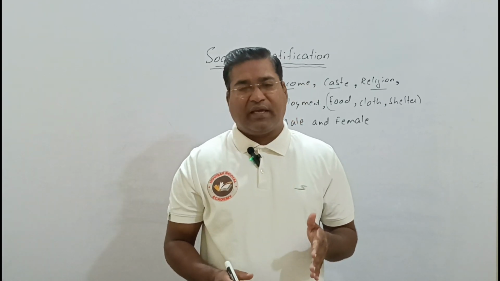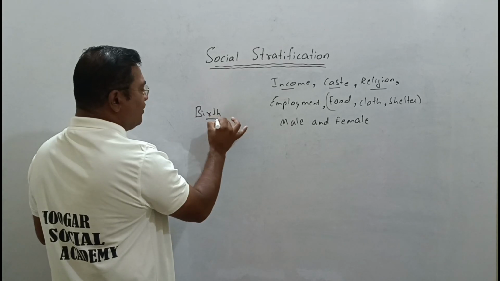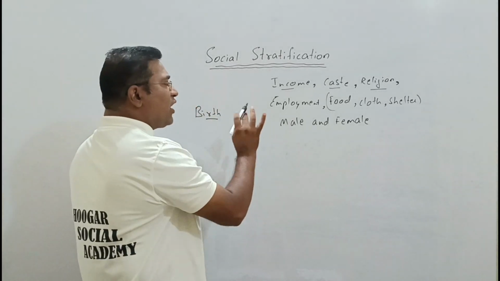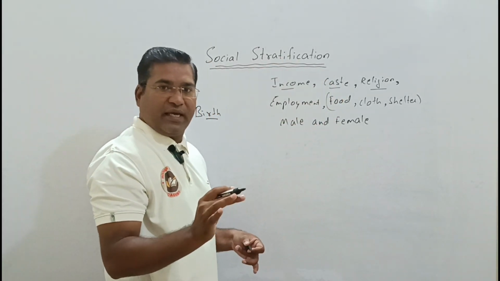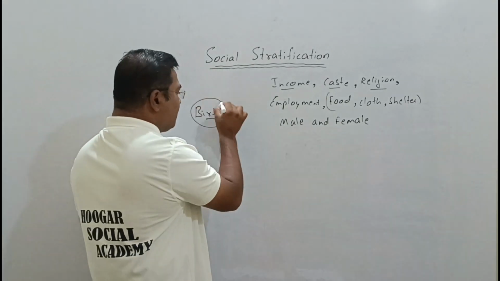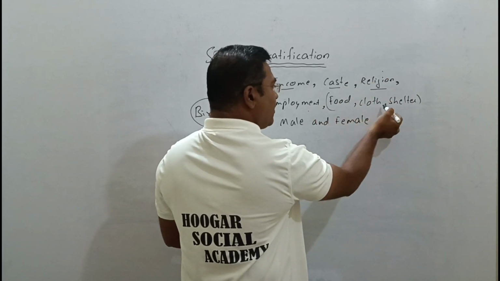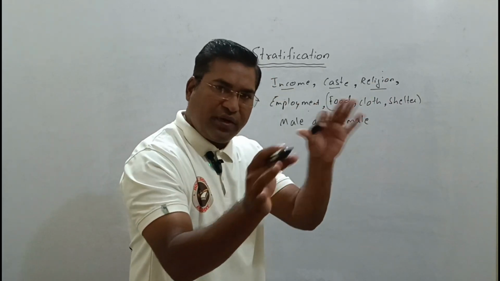Now, when a child takes birth, the child is not classified. The child doesn't classify himself, because he doesn't know about income, caste, religion, employment, food, clothes, shelter, or male and female.